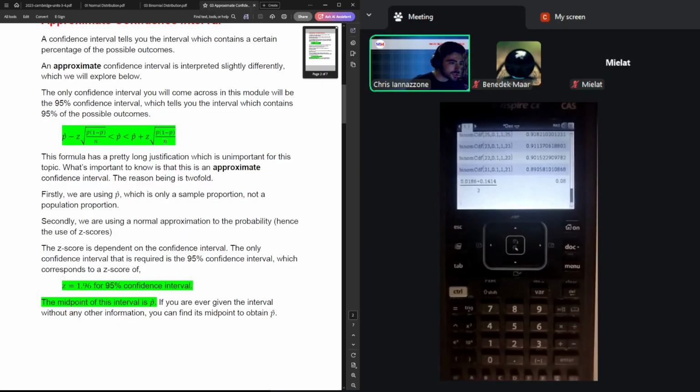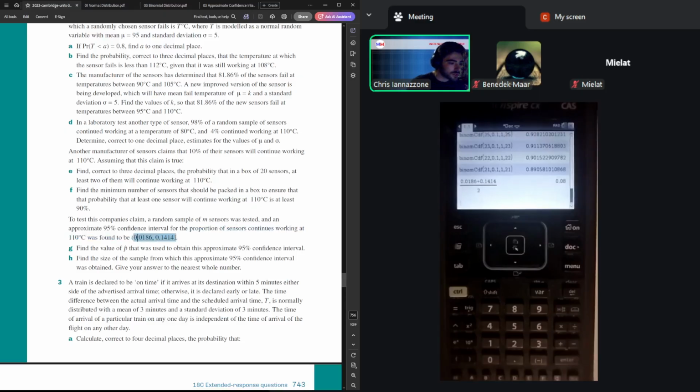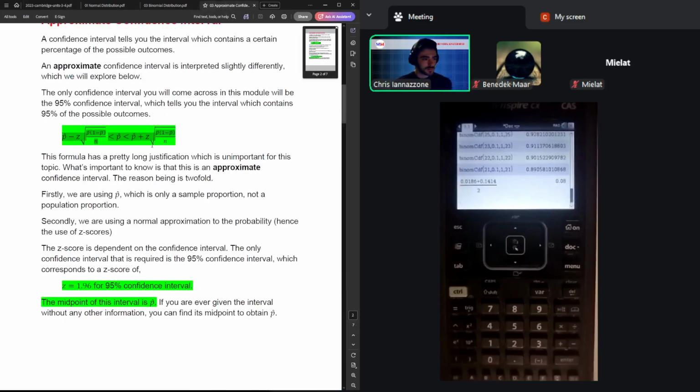N is the only unknown in the interval, and we have our lower and upper bound. How might we go about solving for that n? It's a bit weird because we've got an interval full of information rather than an equation.